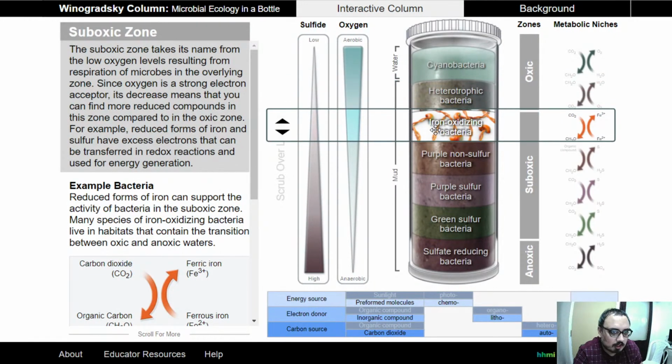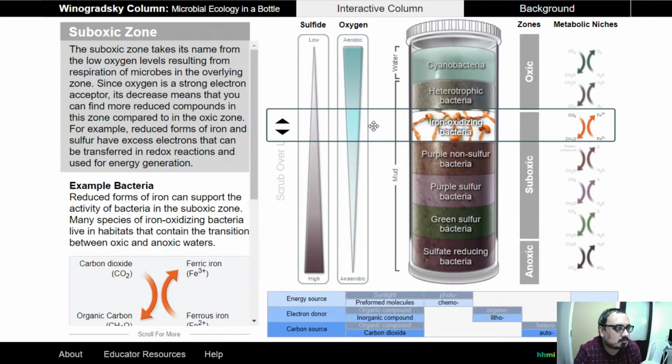Now the next one is the iron oxidizing bacteria. Again, oxygen level will decrease and sulfide level will increase. These are chemolithoautotrophs, where Fe2+ will be converted into Fe3+.